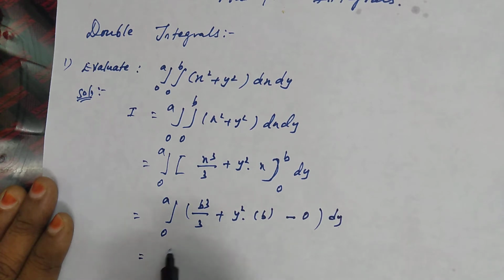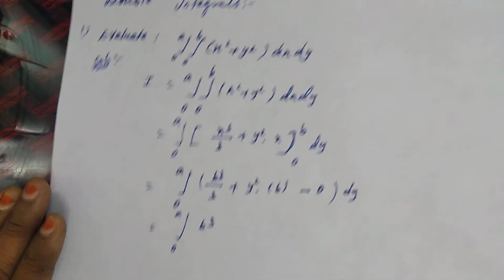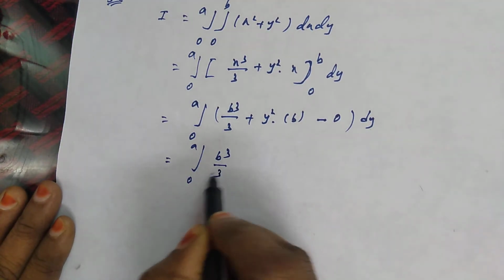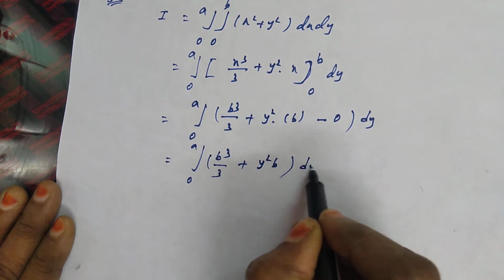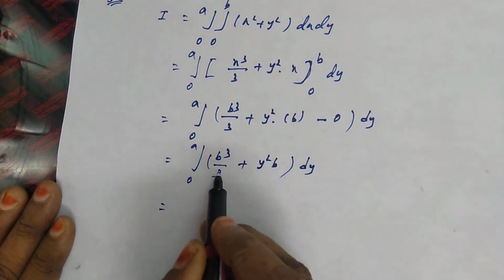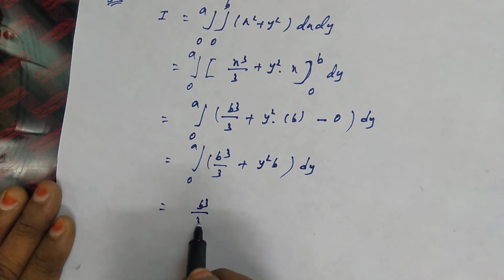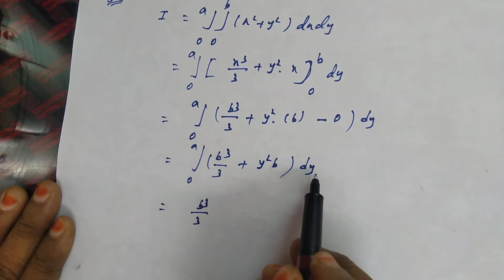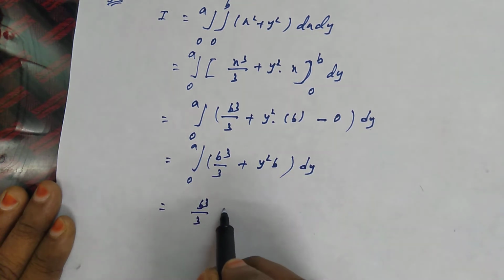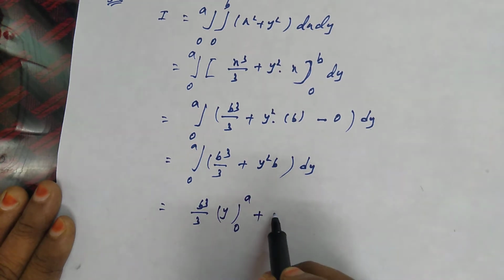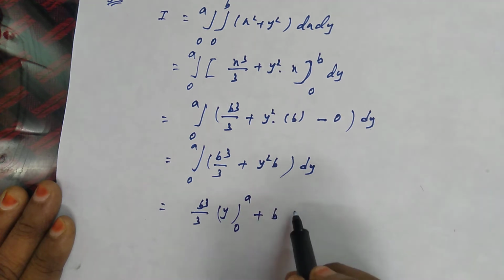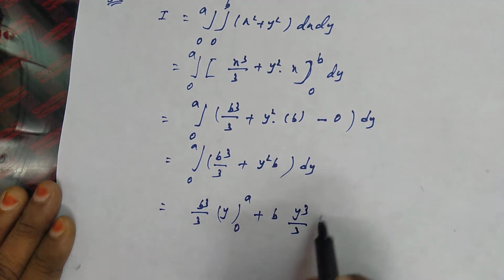Now we are going to integrate with respect to y. So b cube by 3 plus y square b into dy. Here b cube by 3 is a constant, so we get b cube by 3 into dy. The integral of dy is y with the limit 0 to a, plus b is a constant, and the integration of y square is y cube by 3 with the limit 0 to a.